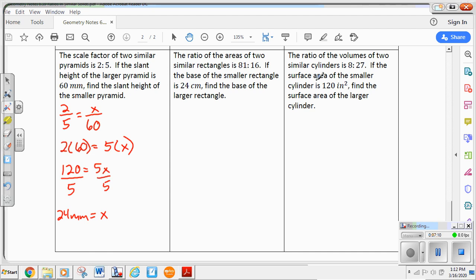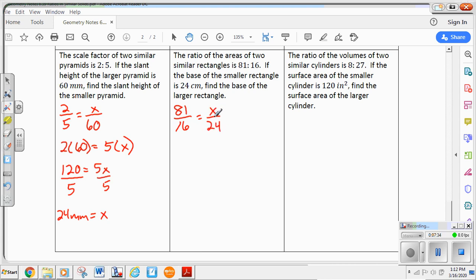The ratio of the areas of two similar rectangles is 81 to 16. If the base of the smaller rectangle is 24 centimeters, find the base of the larger rectangle. 81 over 16 is large over small, so the small base length will go in the denominator.